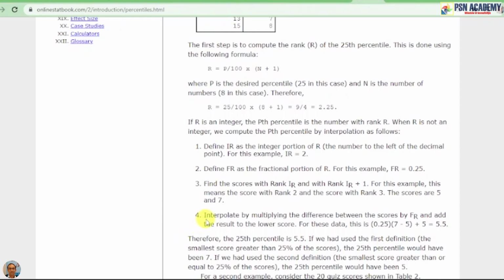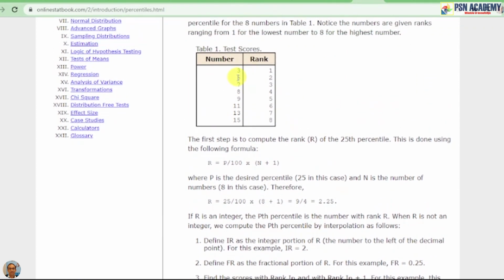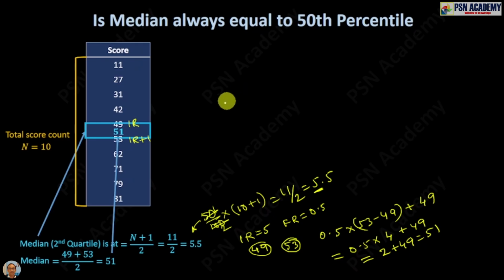So what Professor Lane has suggested is that this 5.5 what you have got, that means in his list above 5, see 3, 5, then 5.5 is coming up. So this 5.5 is at 25th percentile, and in our case this 51 is at 50th percentile, right?